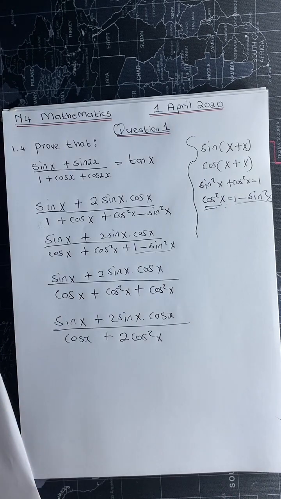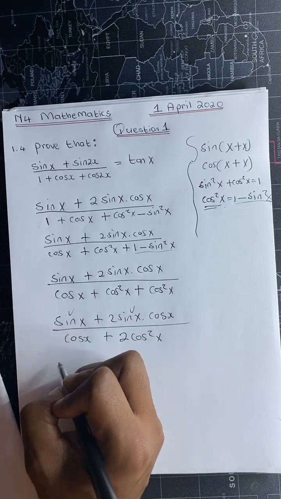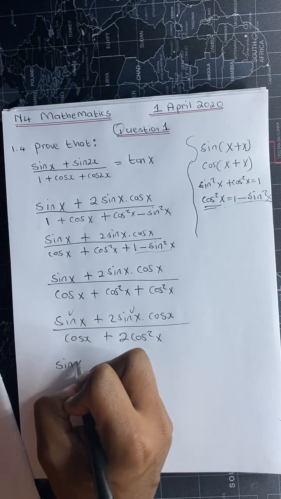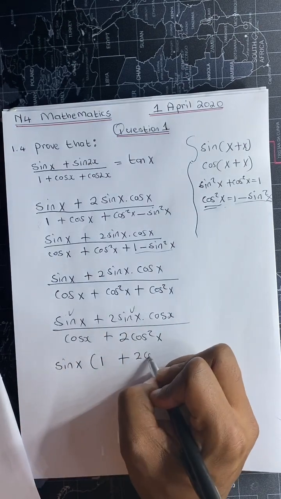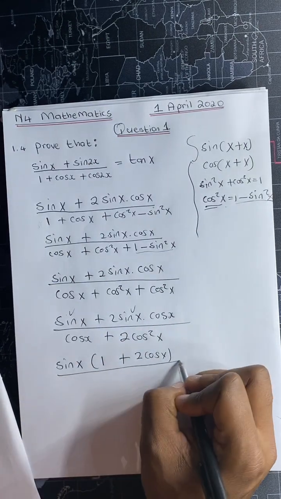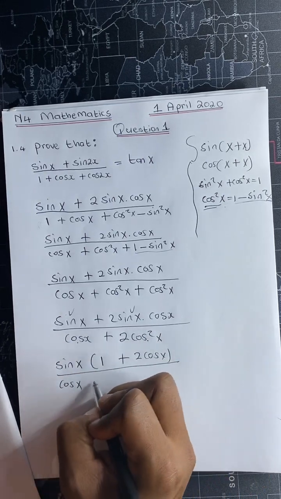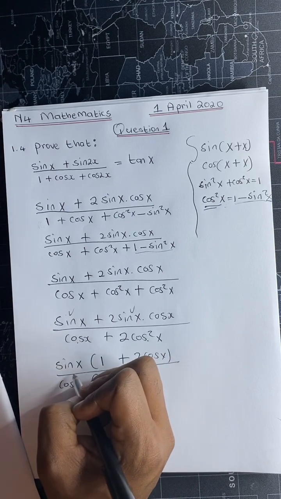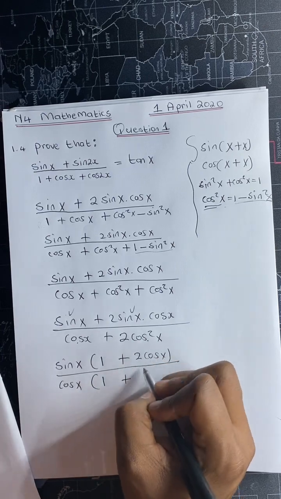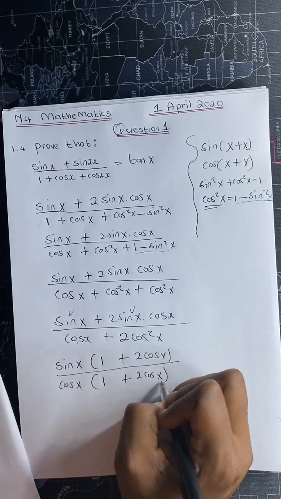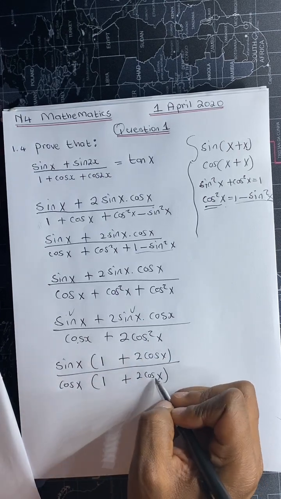So we have sine here and that sine over there, so we can take sine as our common factor, and here we'll be left with 1, and there will be left with 2 cos x. Same story, we have cos x here and cos x there, so we can take cos x as our common factor, and we'll be left with 1 there, and 2 cos x here.